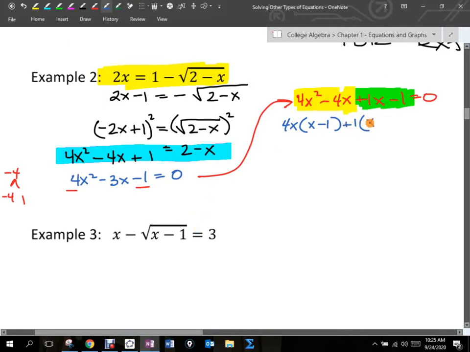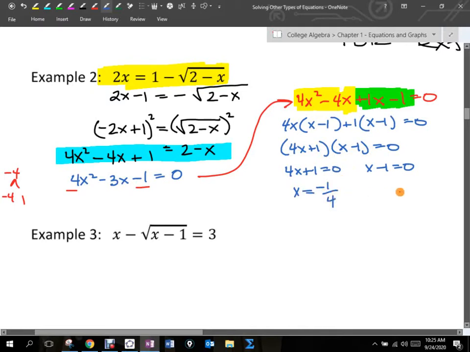Just 1. And that's going to leave me with 4x plus 1, x minus 1. Use the zero product property, and then this one will solve x to be negative 1/4, and this one will solve to be x equals 1.